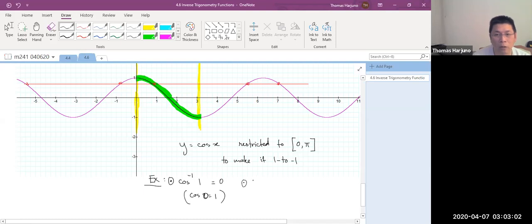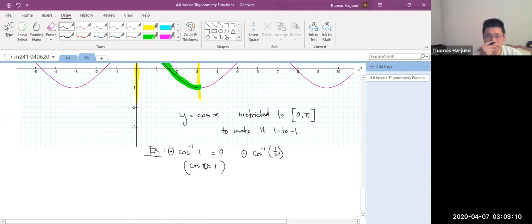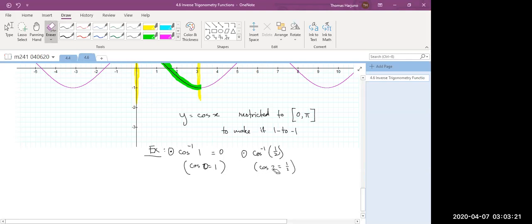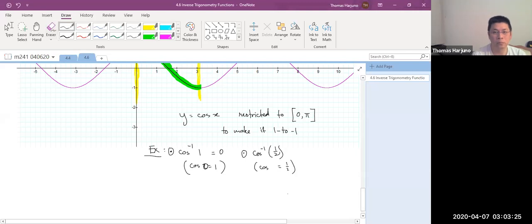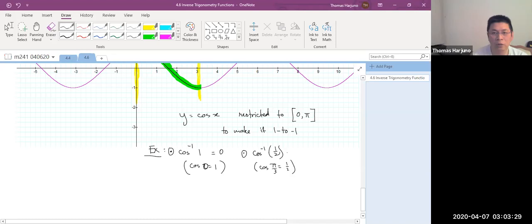Now, how about cosine inverse of 1/2? The way we answer that, cosine what equals 1/2? What's that? Pi over 4. I don't think so. Pi over 3. Sorry. Pi over 3, that's right. So cosine inverse of 1/2 is pi over 3.